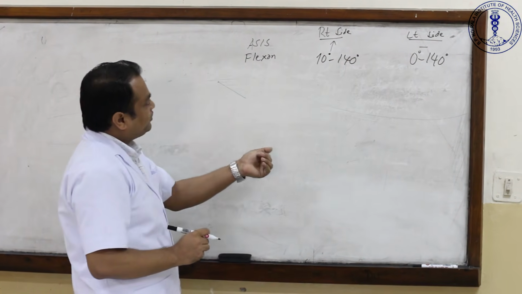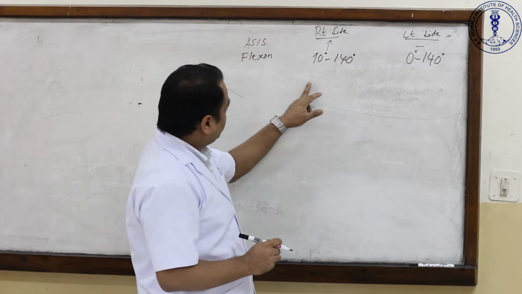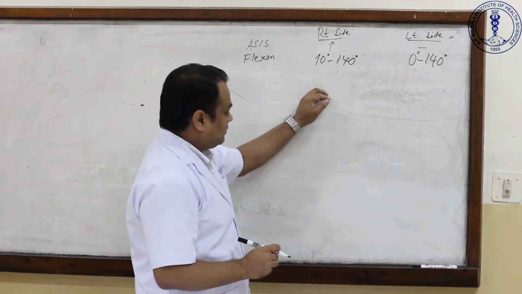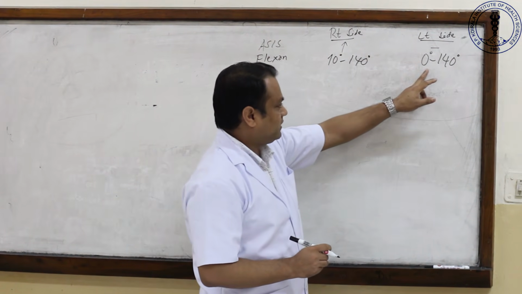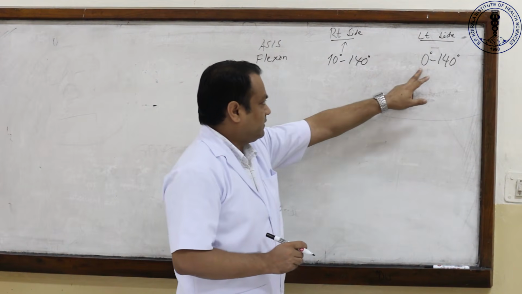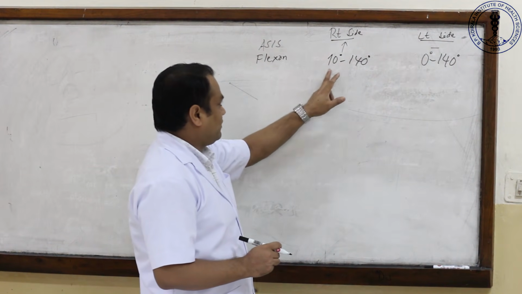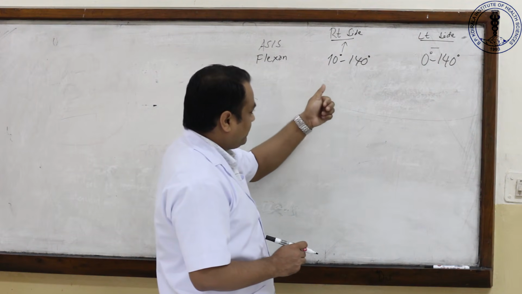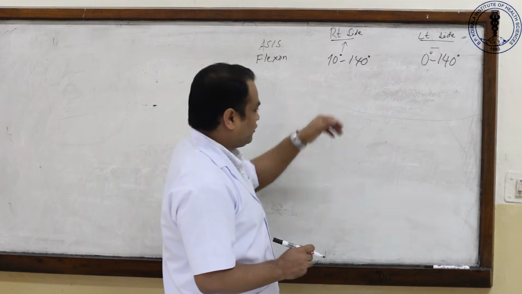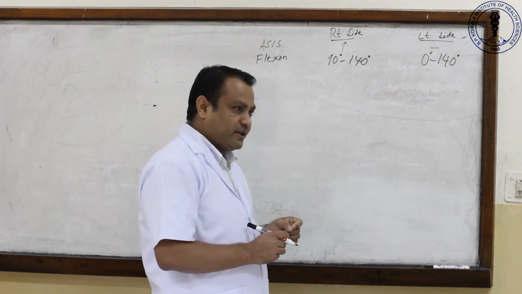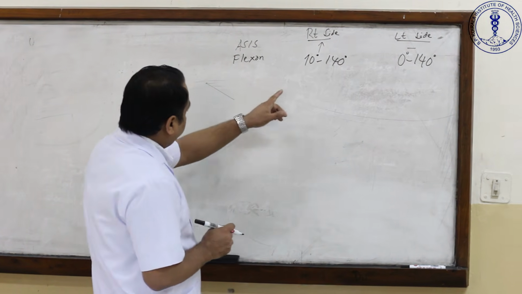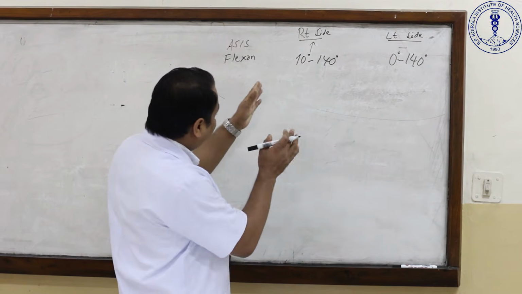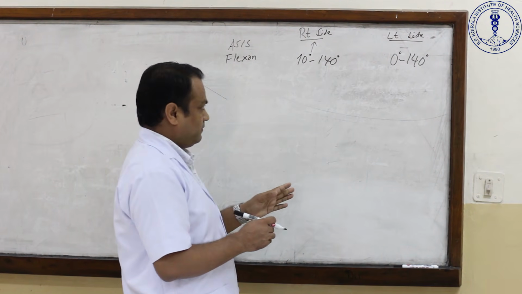Now see here, the range of motion on the right side is starting from 10, where it is 0 on the left side. This is the normal side. So this 10 to 140 implies that whenever range of motion on any side or for any axis doesn't start with 0, it signifies that there is some fixed deformity. This from 0 to 10 degrees, the initial 10 degrees of the flexion has been lost.